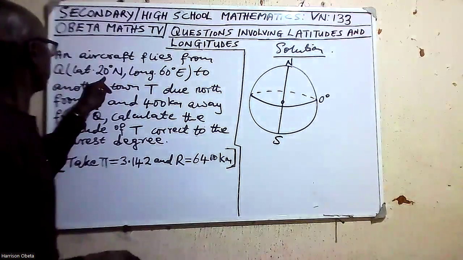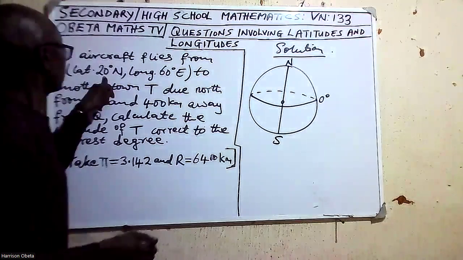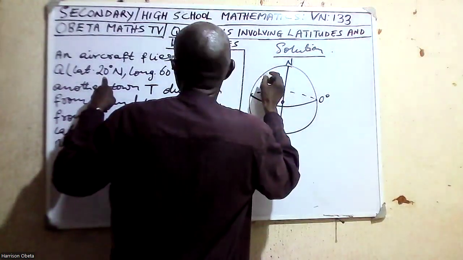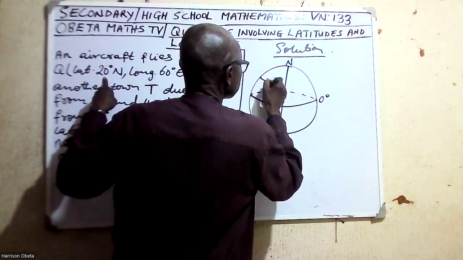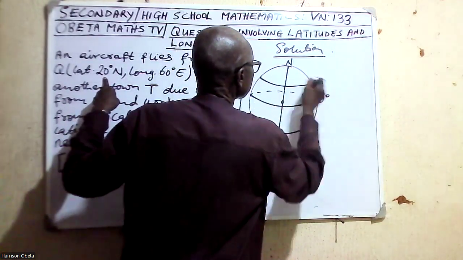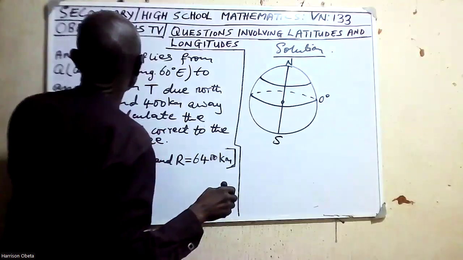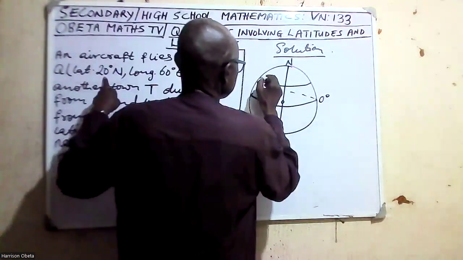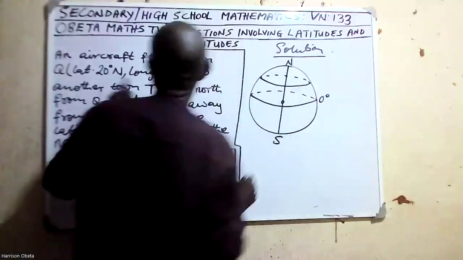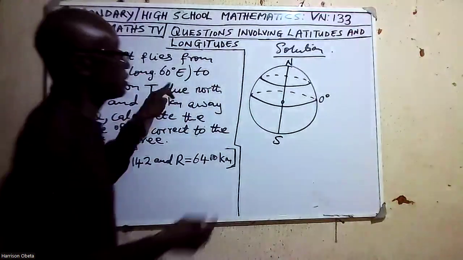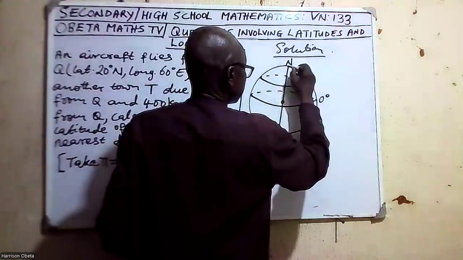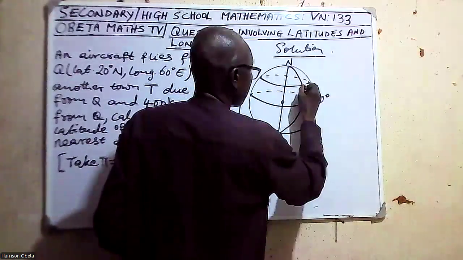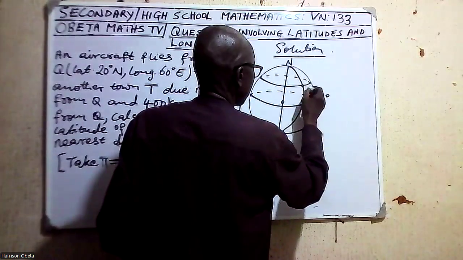And let us locate the point we know, latitude 20 degrees north, and then longitude 60 degrees east, that's to the right. So this is the particular point we are talking about. So this is our Q.